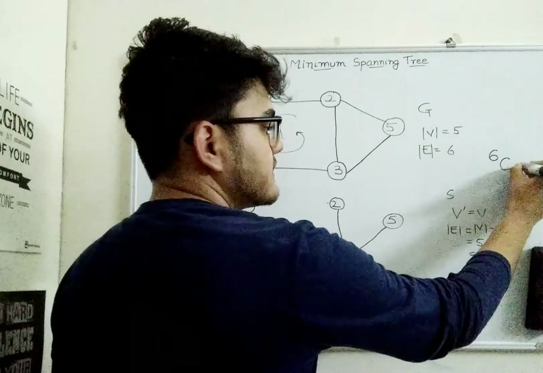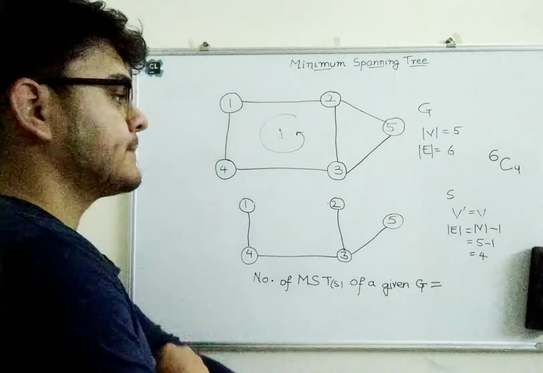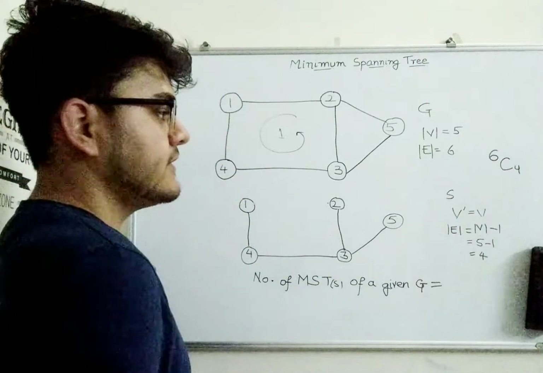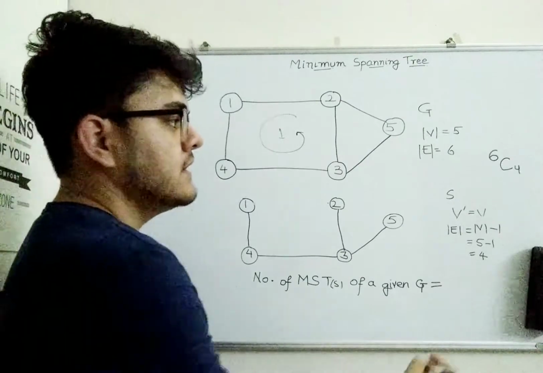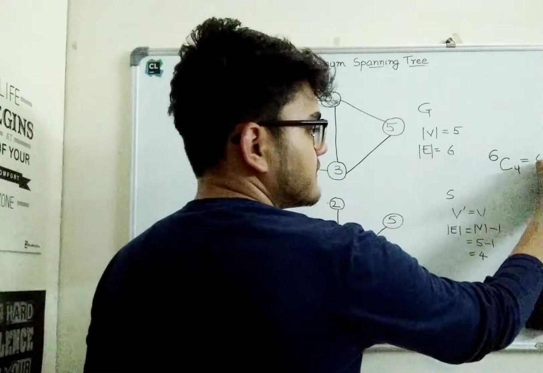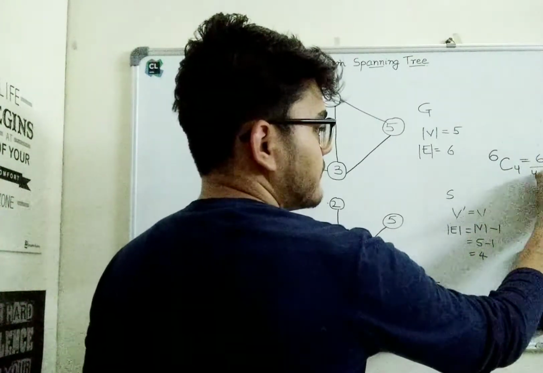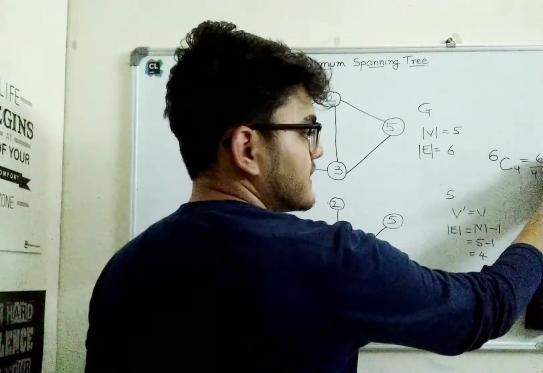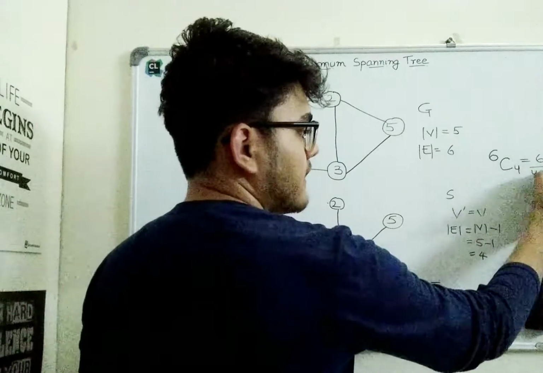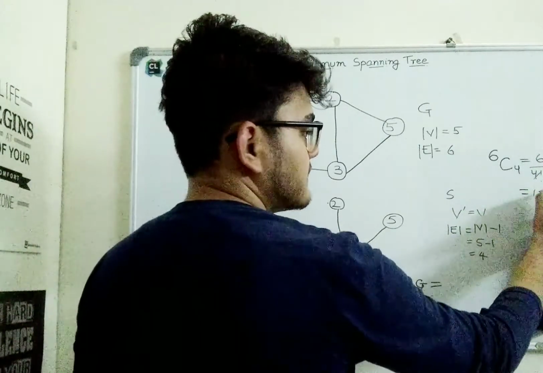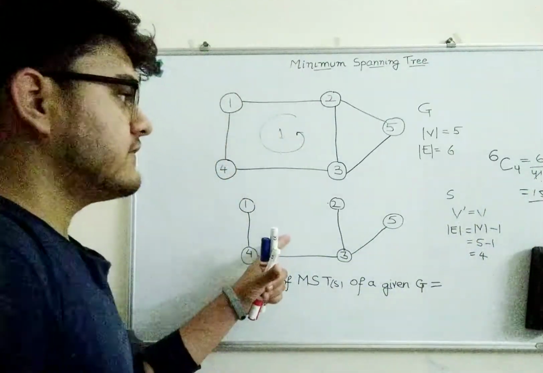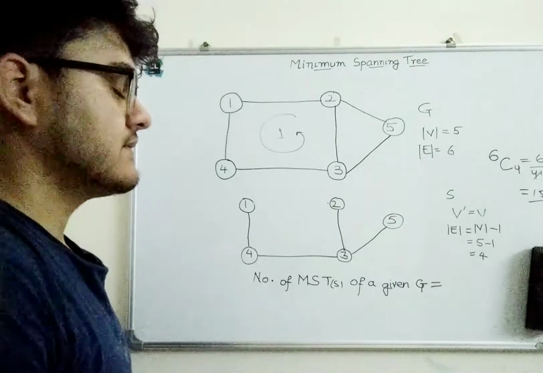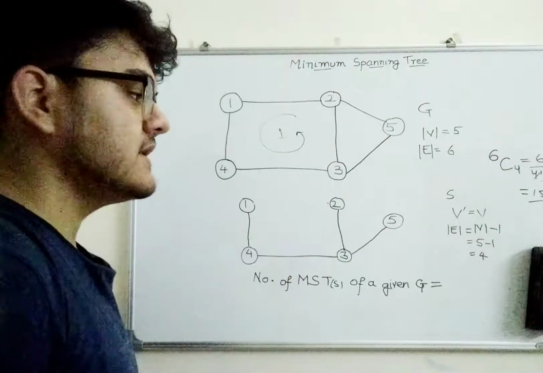So I'm going to write here 6C4. 6C4 will give me the number of ways. 6C4 is equal to 6 factorial upon 4 factorial into 2 factorial, which will further give me 15 as an answer. So there can be 15 combinations of these minimum spanning trees.